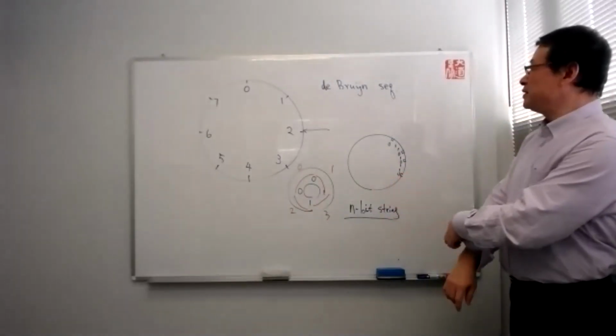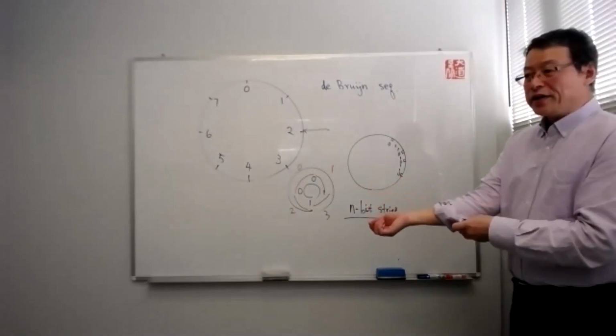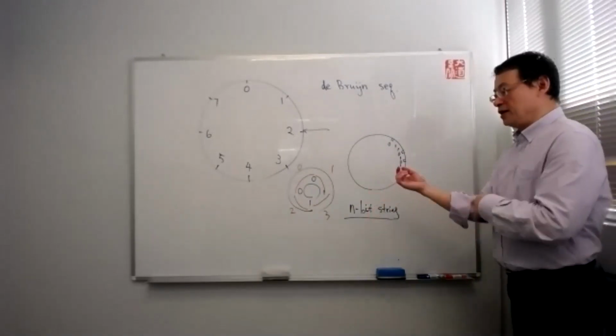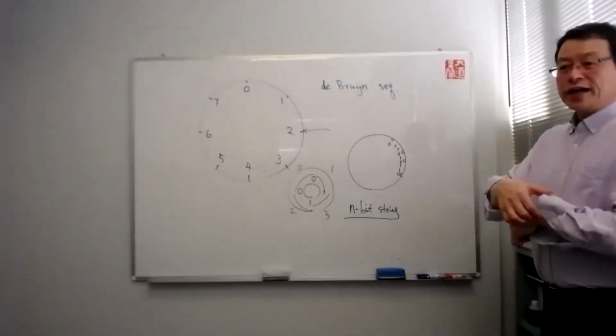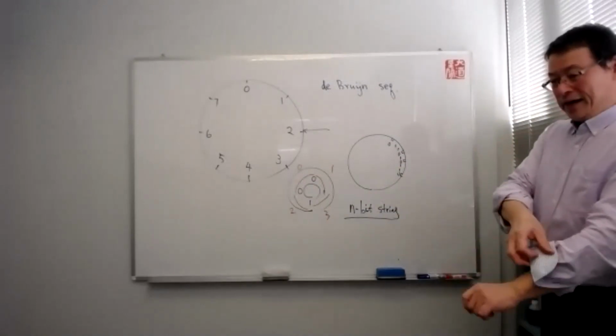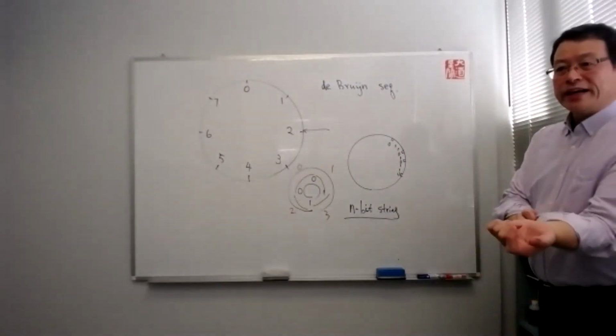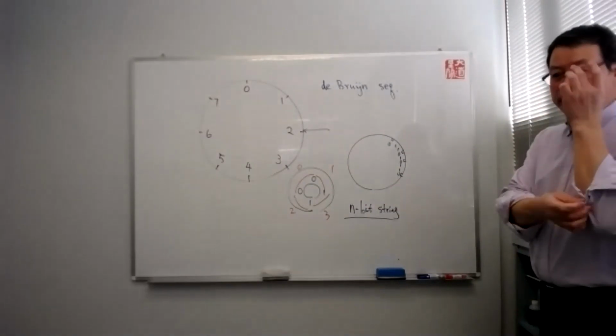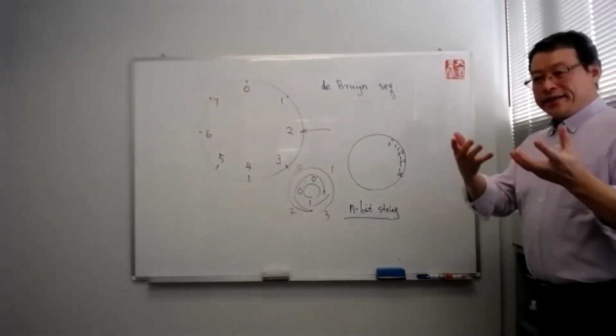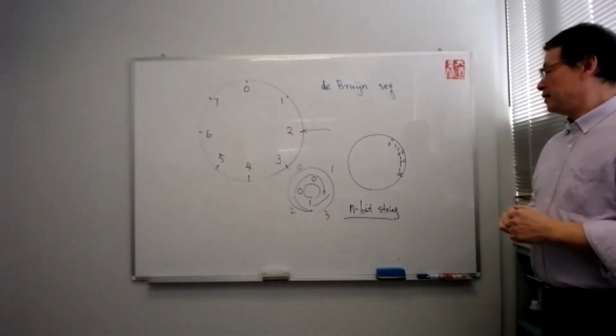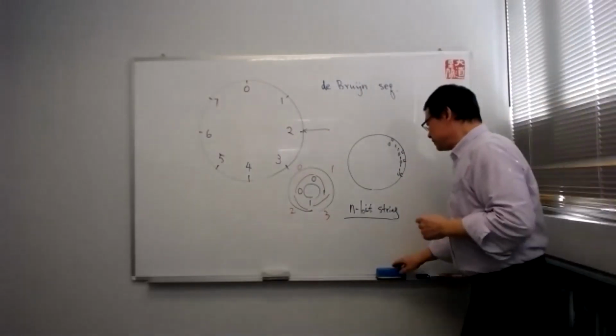So that's the idea behind the de Bruijn sequence. How can we construct a sequence so that all consecutive strings of a given length, say k, give me a different number? All right.